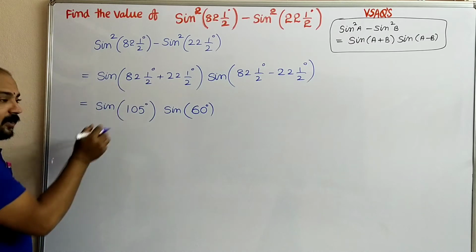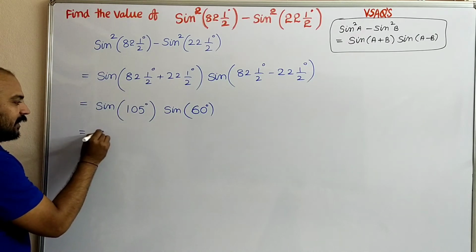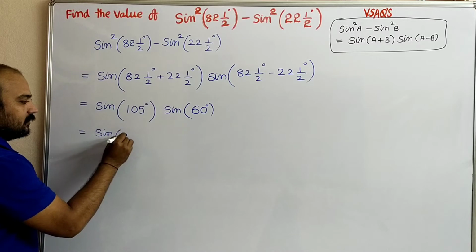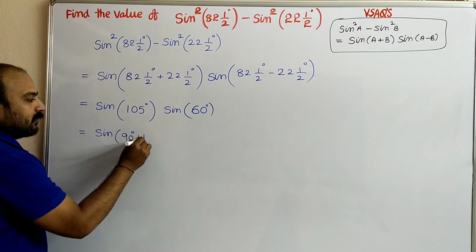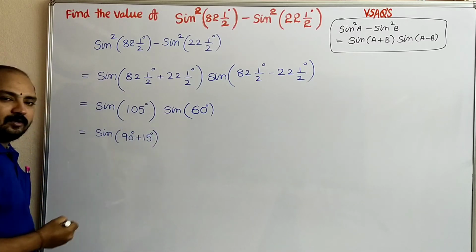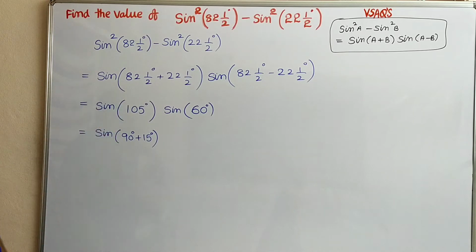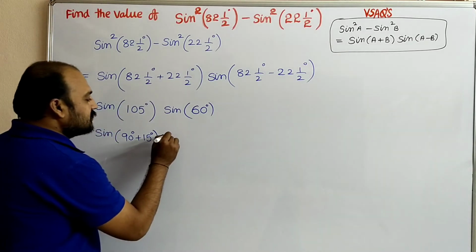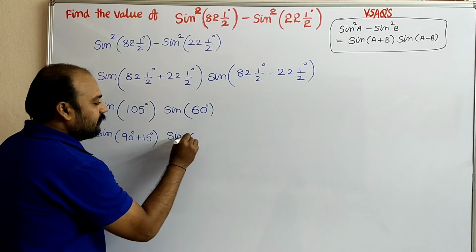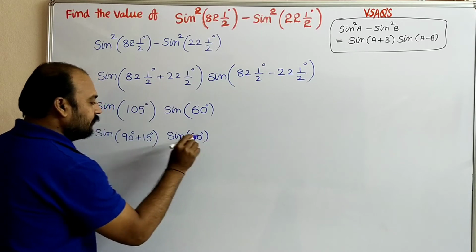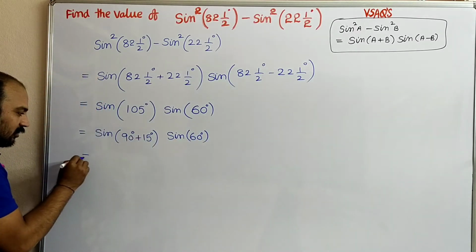Sine of 105 can be written as sine of 90 plus 15, or 180 minus 75 also we can write it. Sine 60. Sine of 90 plus theta is cos theta.